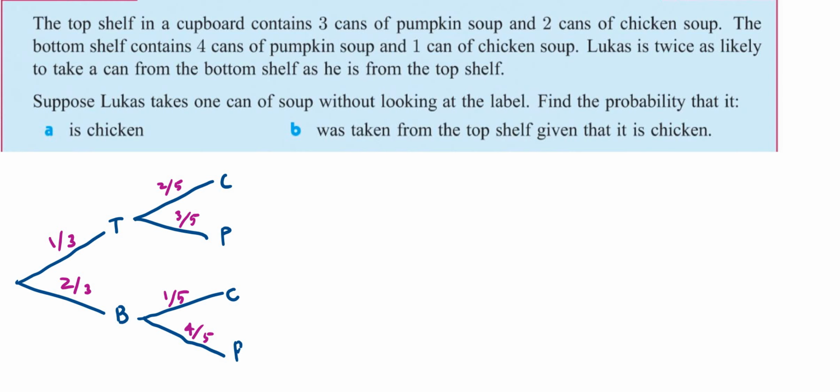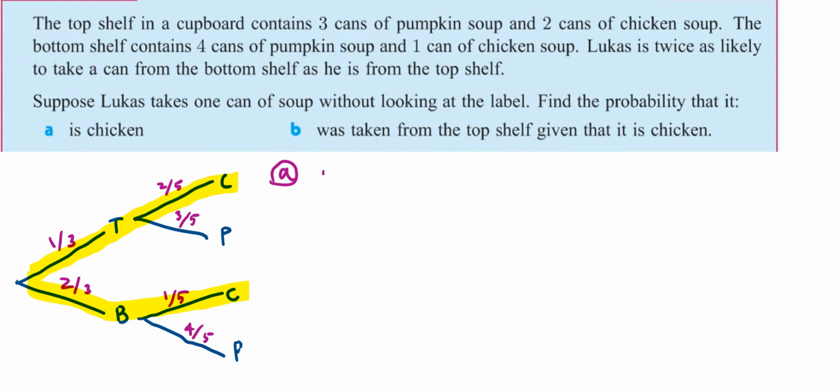So for A, I want to find the probability that Lucas chooses chicken. There are 2 different ways that you could end up with chicken. I could take this top branch and end up with chicken, or I could take the bottom branch and end up with chicken. So in order to find the probability, I need to multiply along the branches and then add all of the outcomes that I'm interested in.